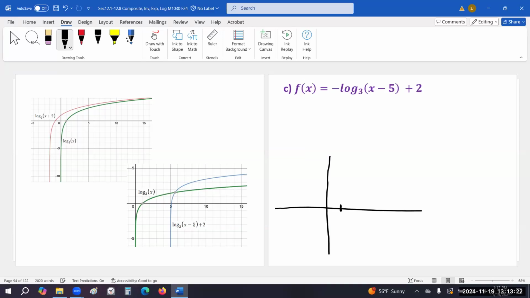So this is the original one, log base 3 of x. Reflection about the x-axis means it becomes this: negative log base 3 of x.